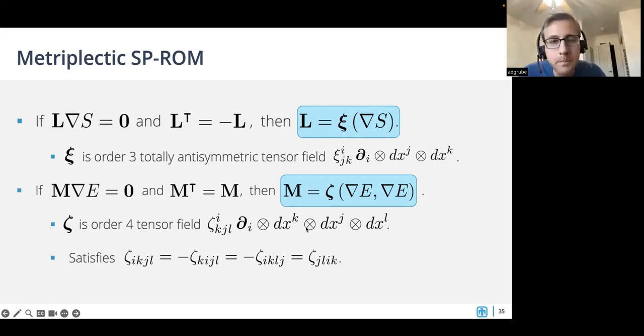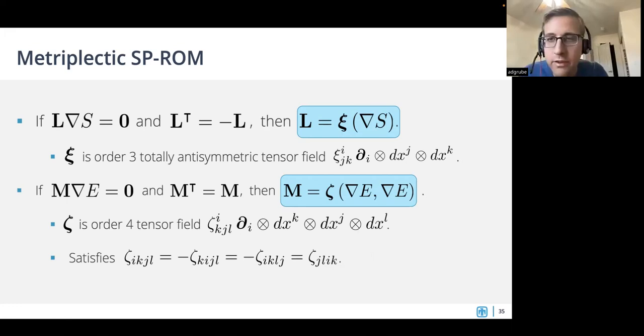Similarly, if you look at the other one we need, M grad E equals 0, and you have a symmetric matrix M, then you can write that as a fourth order tensor field, which is applied to grad E in two places. That fourth order tensor field has to obey certain symmetries, which incidentally are exactly the same symmetries obeyed by something like the Riemann curvature tensor.